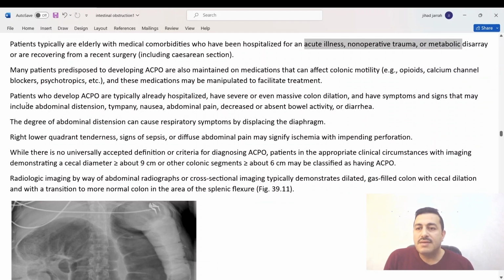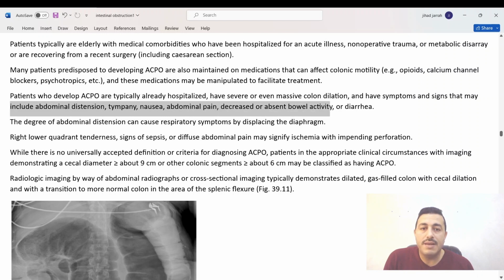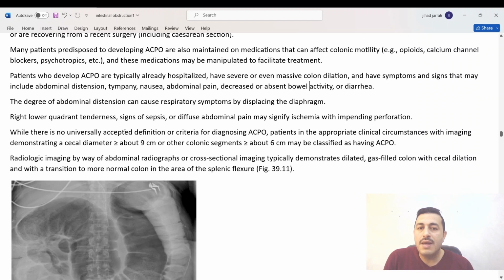The signs and symptoms: abdominal distension, nausea, abdominal pain, diarrhea, absent bowel activity.